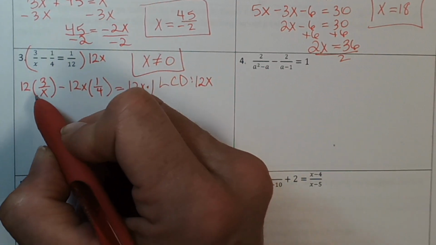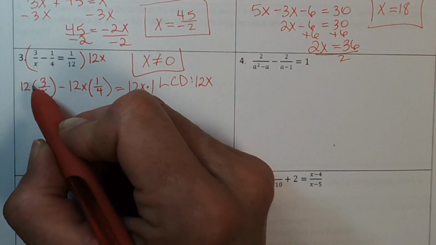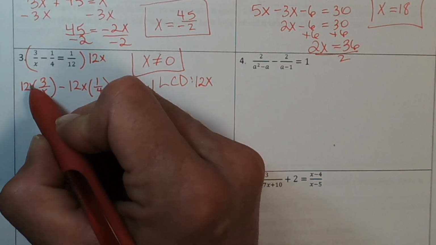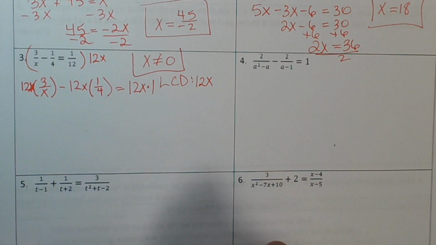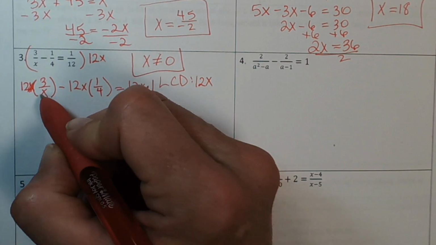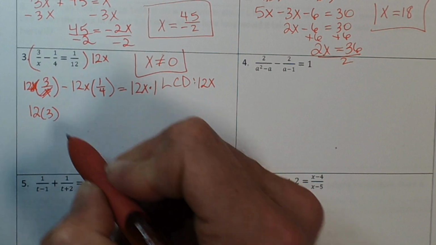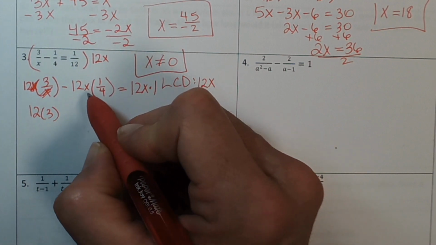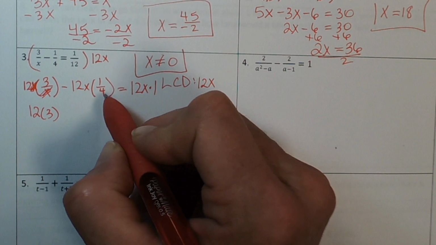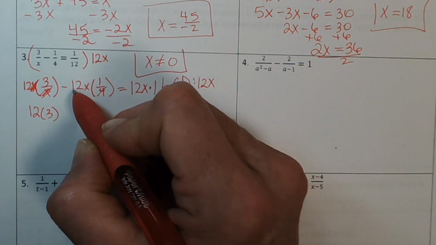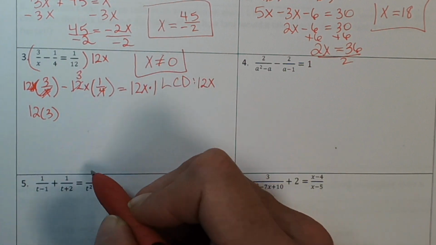Okay, we're going to simplify. Sorry, I forgot my x there. So my x's are going to cancel here. So the x's cancel out, and I'm left with 12 times 3. Here, the x is good, but the 12 and the 4 can reduce. So the 4 is going to cancel all the way out, and I'll be left with the 3.